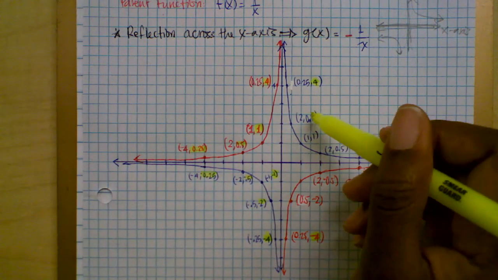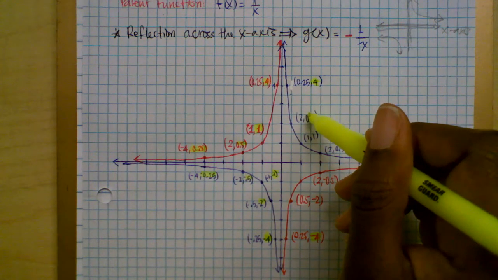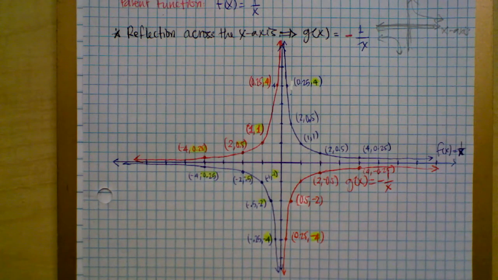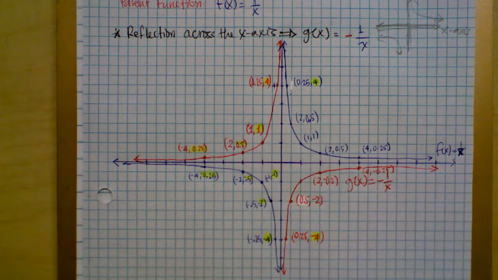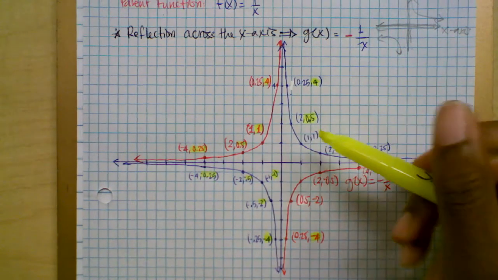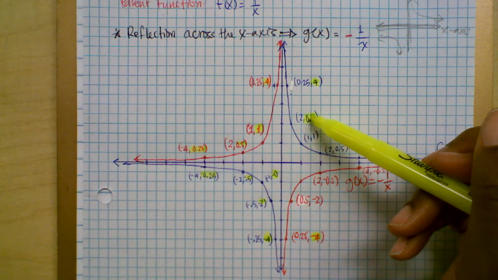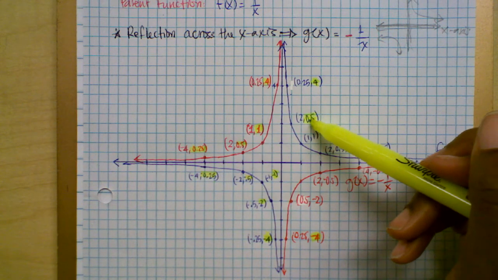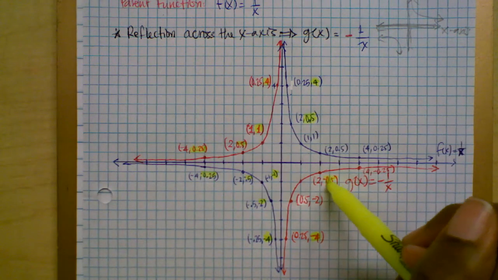So here the y value is 0.5. So to find the new ordered pair, you take the y value and multiply by -1, which is going to be -0.5.